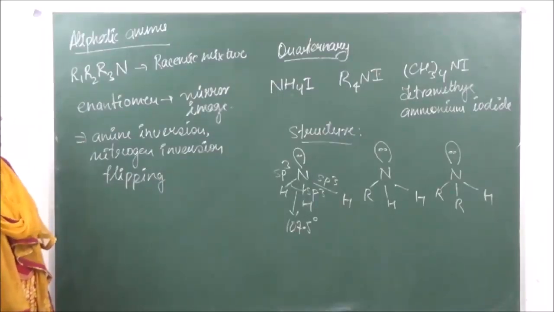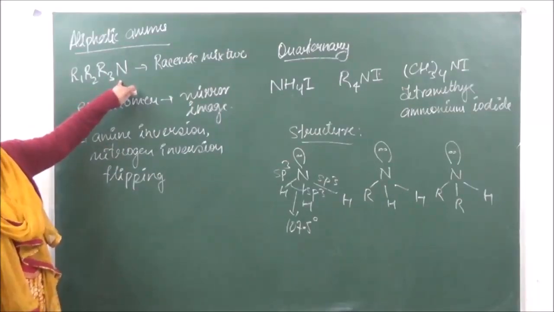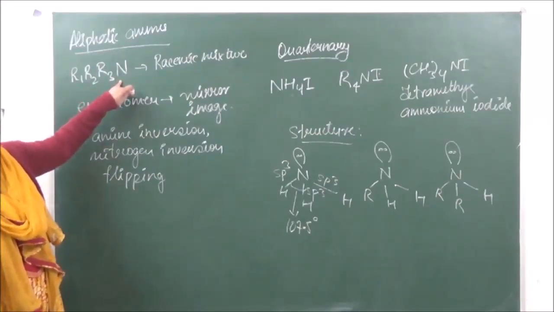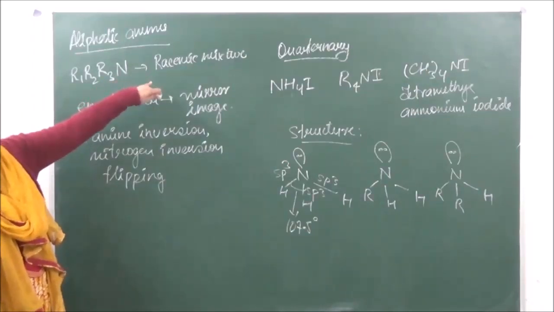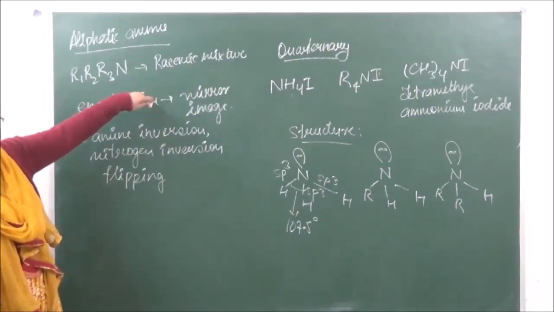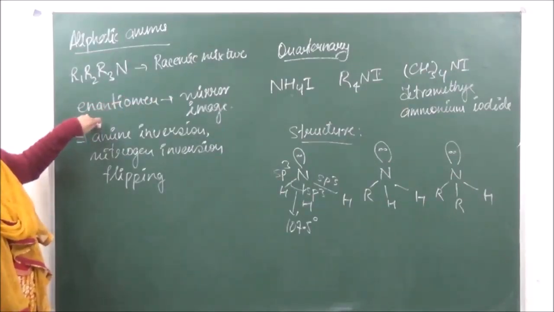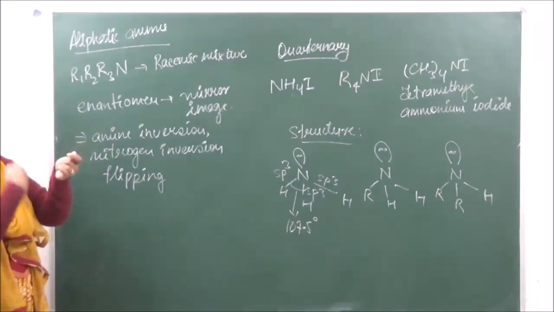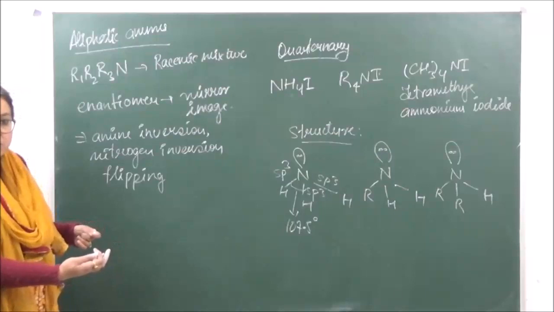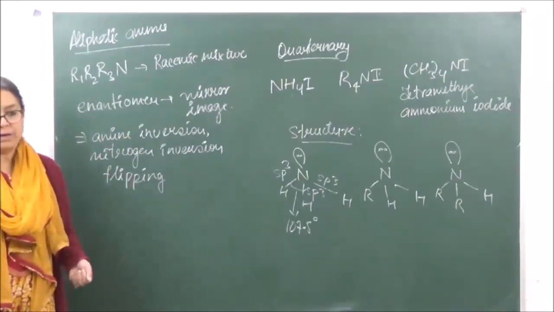So basically, what is this amine inversion? We have a compound with all three alkyl groups different, it should be optically active, but it remains optically inactive like a racemic mixture. The reason behind that is that the enantiomer suddenly flips into the mirror image. Okay? So this process is known as flipping, right?